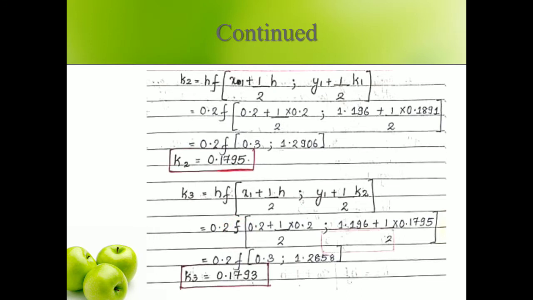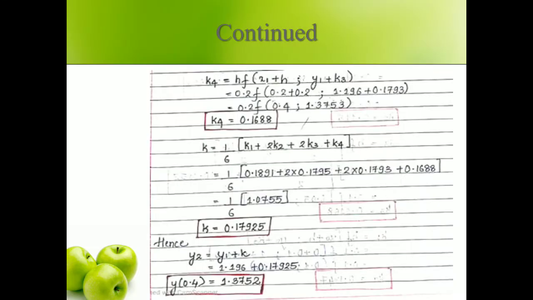Find out k4. k4 is equal to h of f of x1 plus h, y1 plus k3. Substituting the values, we get f of 0.4 and 1.3753.